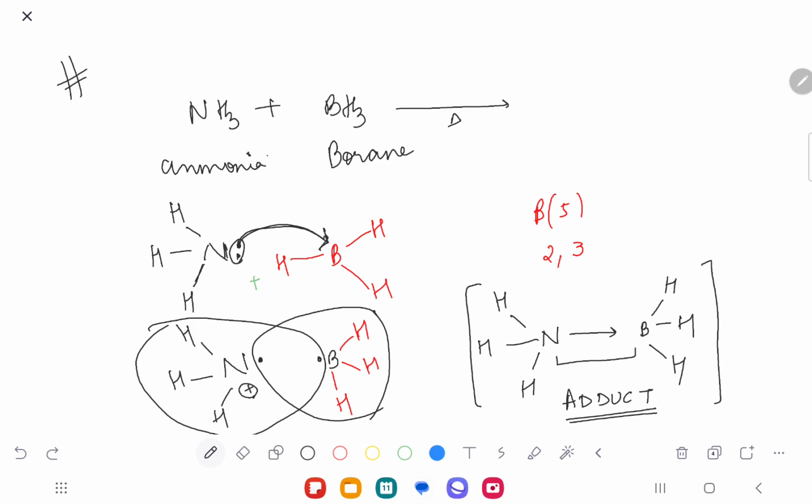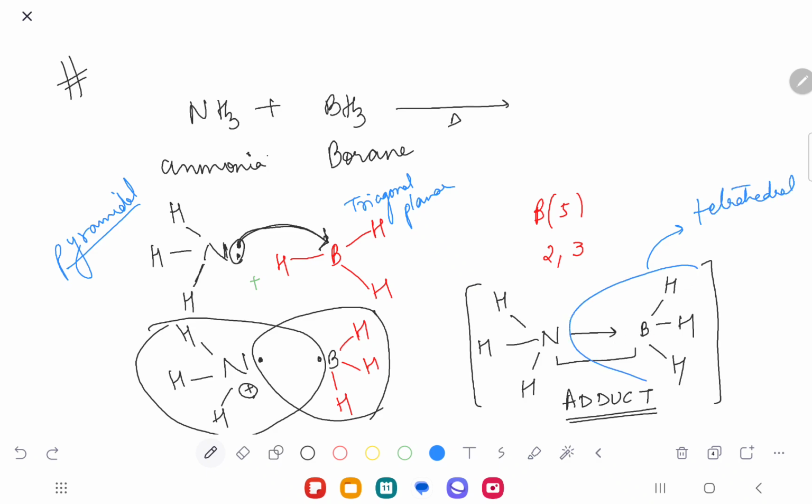So now the question was, what changes do you see before and after the reaction? You will say before the reaction BH3 was trigonal planar and ammonia was pyramidal. Now they are both tetrahedral, because if you look at BH3, it is actually forming four bonds, and if you look at ammonia, it is still forming four bonds.